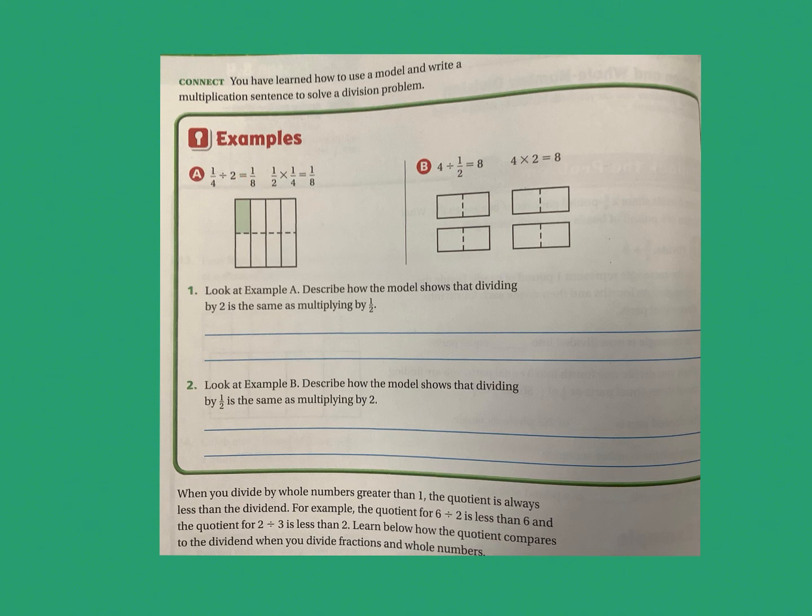Okay, they are saying this is, before I go to that, I'm going to model it. So we have 1/4. So if we have the whole thing and we cut it into fourths, we'll highlight that in red. 1/4 of that is this amount of the whole thing.